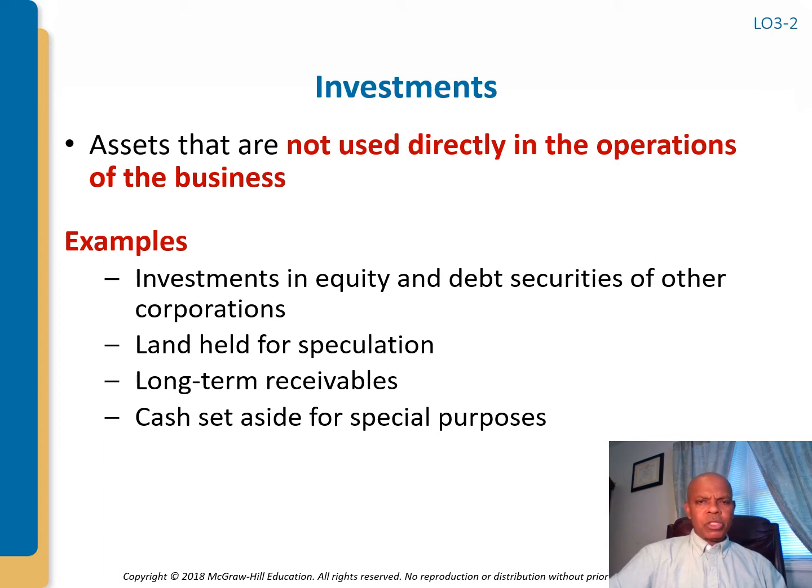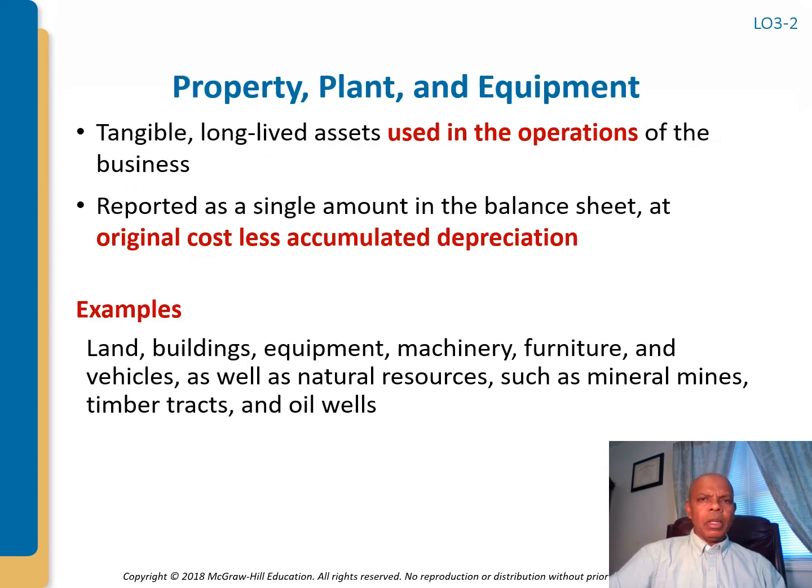Land held for speculation means you get land, but you're going to sell it at a later time. Then the long-term receivables, and cash set aside for special purposes. The property, plant, and equipment, you know what they are. It's a tangible, long-term asset used in the operations of the business.